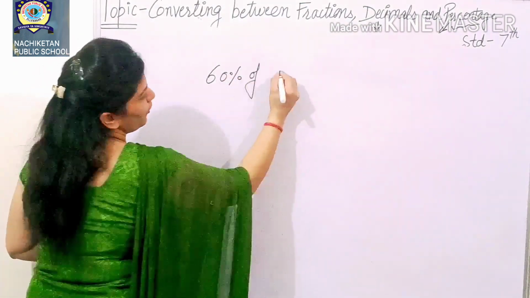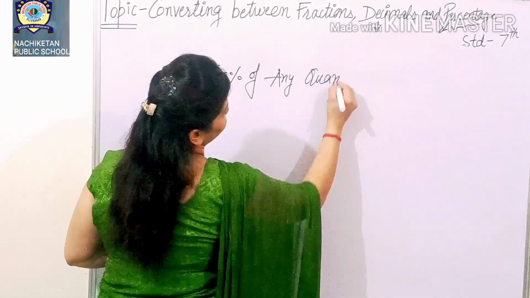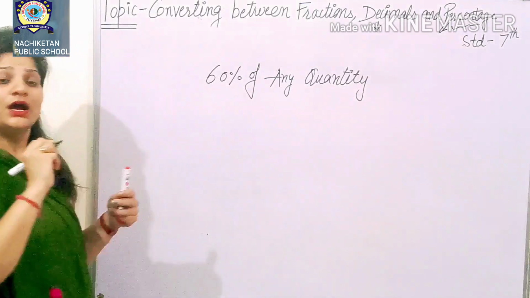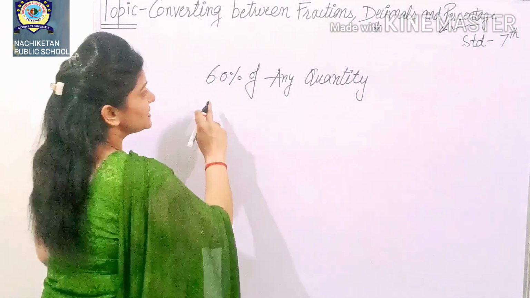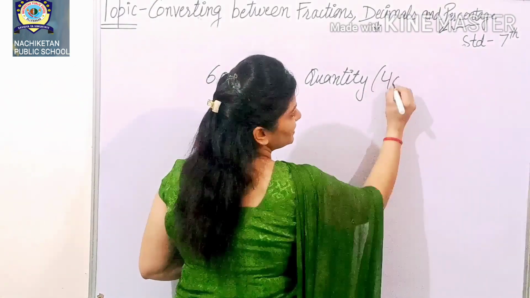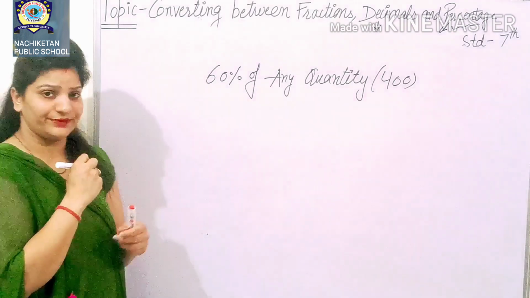Okay, now what will you do if you are asked to find 60% of any quantity? How we will? 60% of any quantity means to say that is 400. How you will solve it?